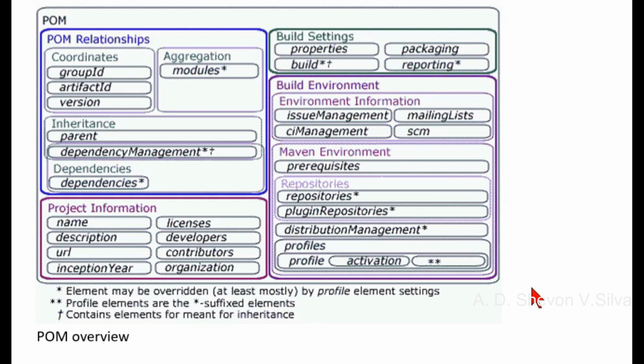The POM tells Maven what sort of project it is dealing with and how to modify default behavior to generate output from source. In the same way, a Java web application has a web.xml that describes, configures, and customizes the application. A Maven project is defined by the presence of pom.xml.